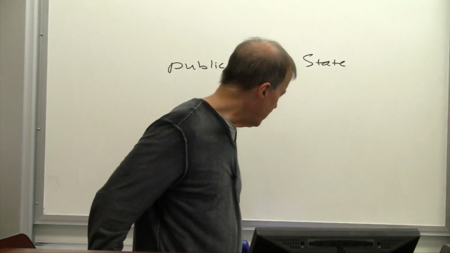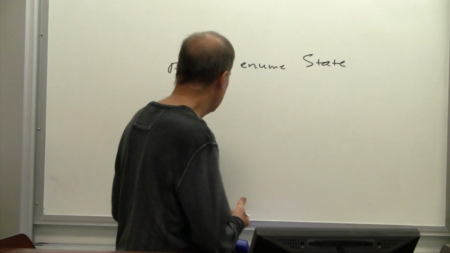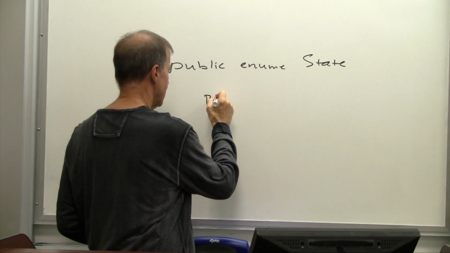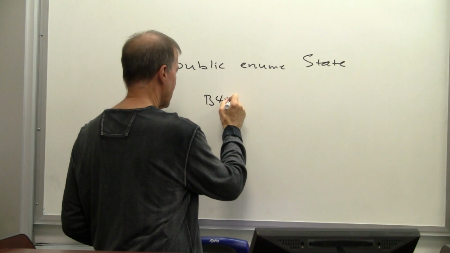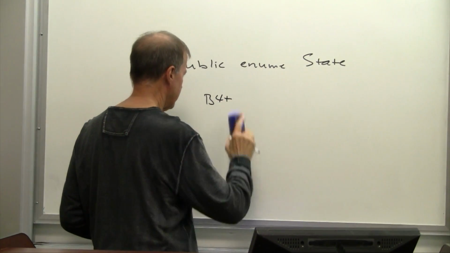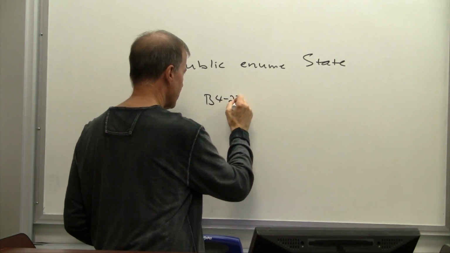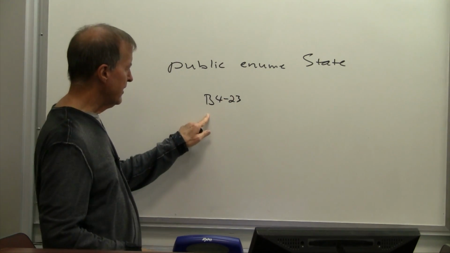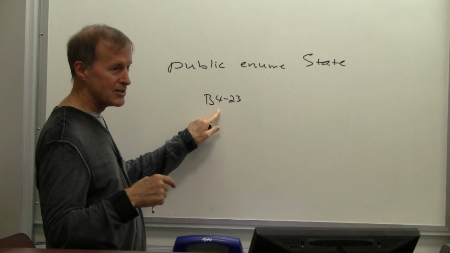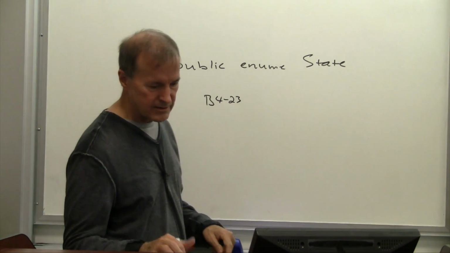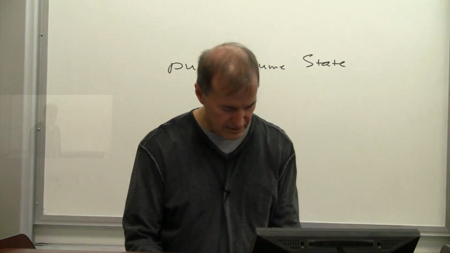Now, if you have something like B4 plus, or maybe B4 hyphen 23, you know that once you get to this 4, you are in the state, let's get the exact state.